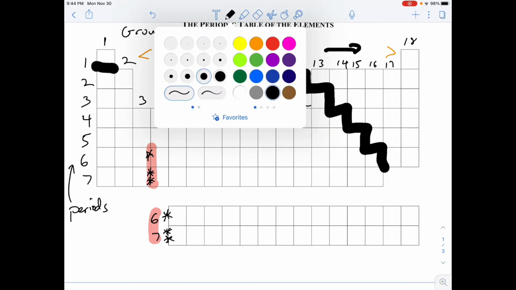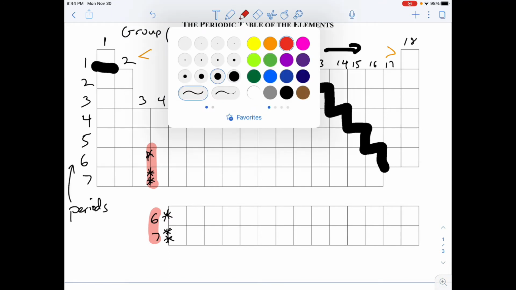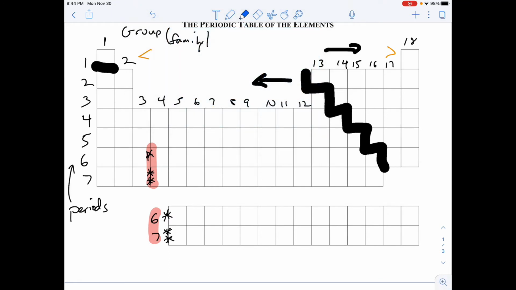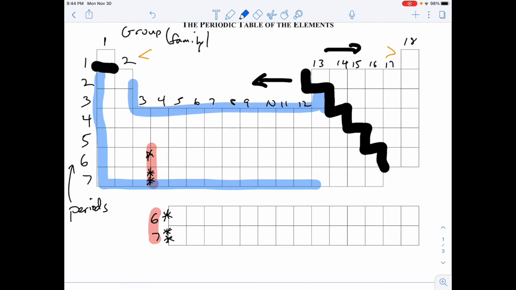Okay, the metals I'm going to shade in blue. So most of these are metals.